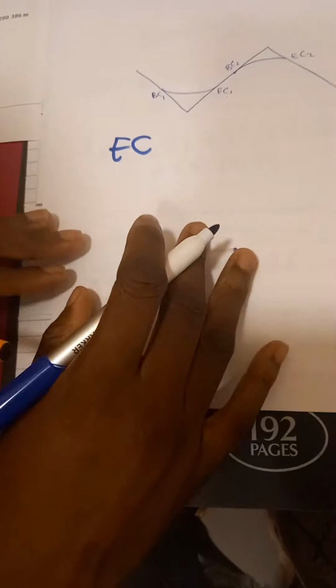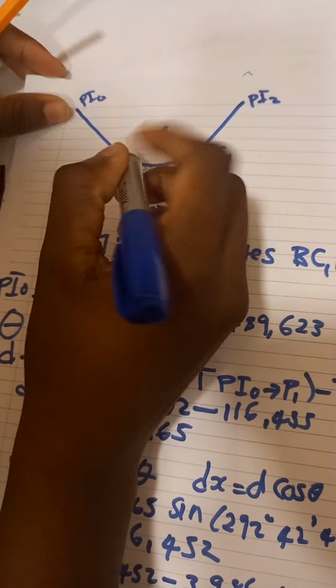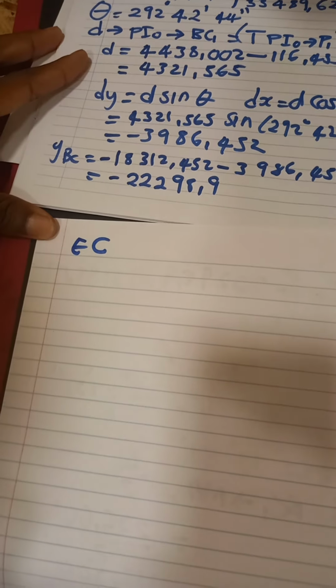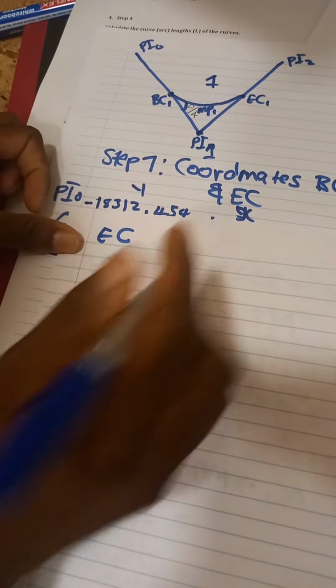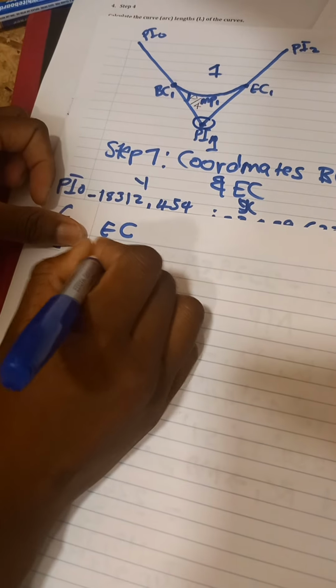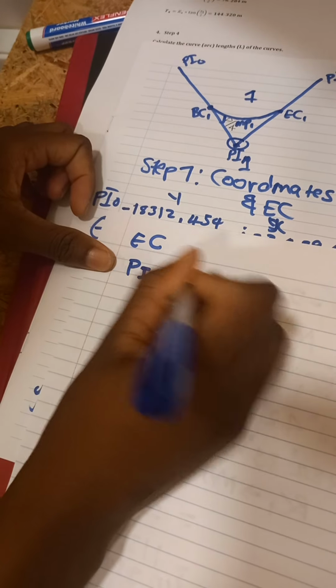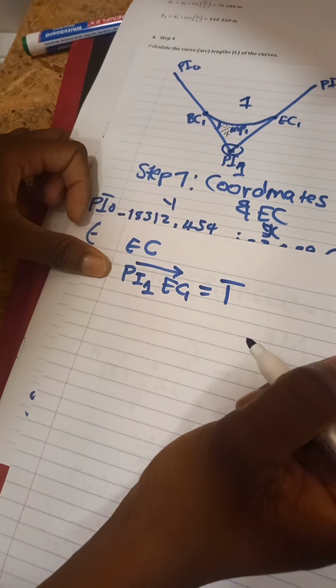Now we want to calculate the coordinates of EC. Now we're going back to our curve. We want to determine the bearing from BC to EC. So for coordinates of EC, we're going to use our reference point as PI1. We know the distance from PI1 to EC1 is the same as our tangent length.